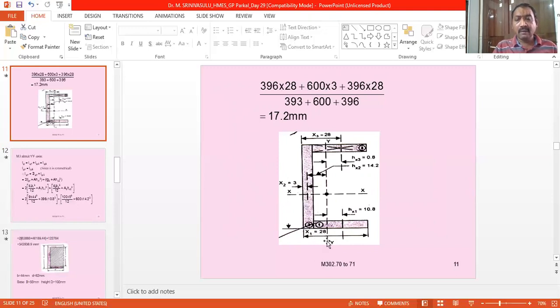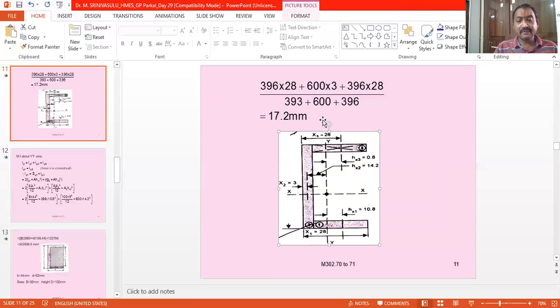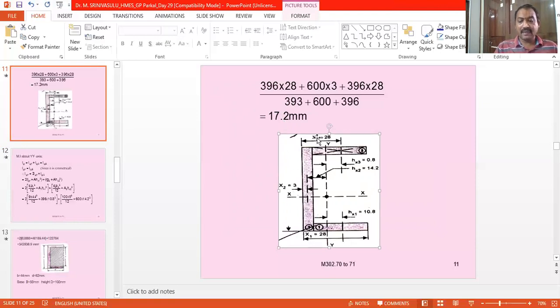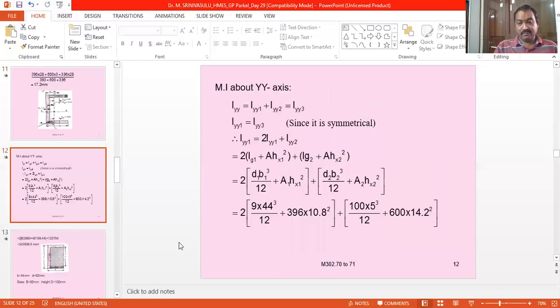So 17.2 minus 28; we need not take the sign, only the difference. That is hx1. Similarly, 17.2 minus 3, that is 14.2, is hx2. However, hx1 and hx3 are symmetrical, both are the same.